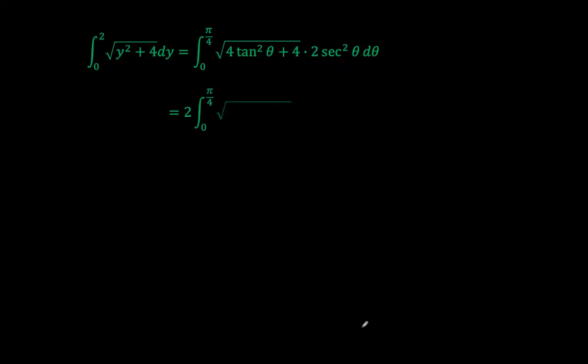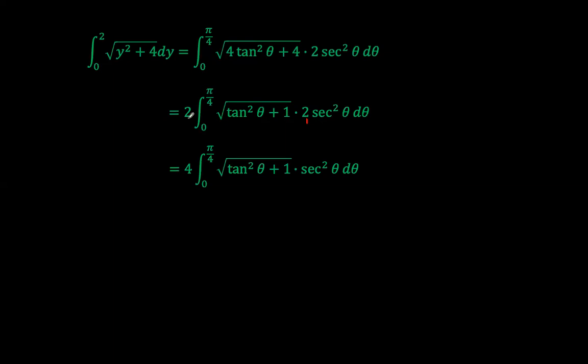Pulling out the 4 under the square root, that becomes 2, and inside the square root we have tan squared theta plus 1, and then 2 sec squared theta d theta as the substitution for dy. Now we can multiply this 2 and this 2 to make it 4. We know tan squared theta plus 1 is sec squared theta, and the square root is sec theta.